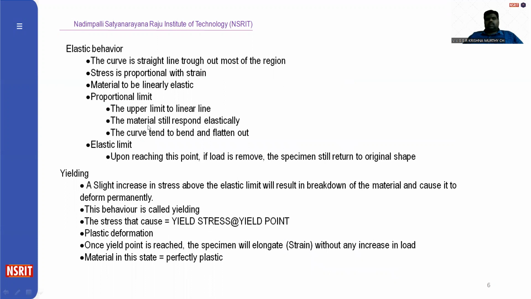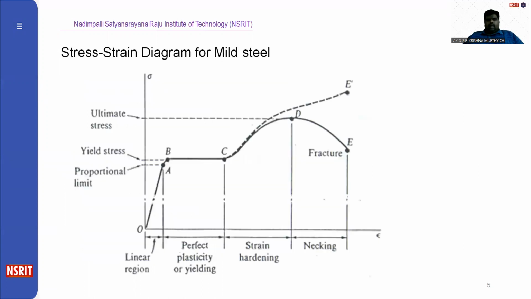Up to the upper limit it will be a linear line, and the material responds elastically. The curve tends to bend once you cross the elastic region. Next, after this point, if you further increase the load, the point is called the yield point or yield stress.